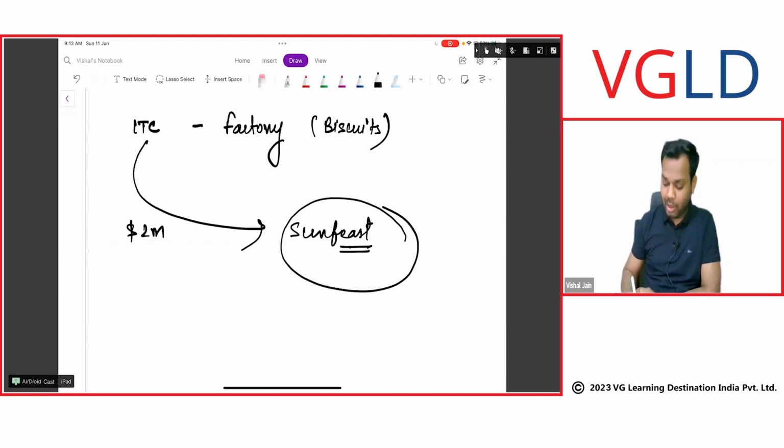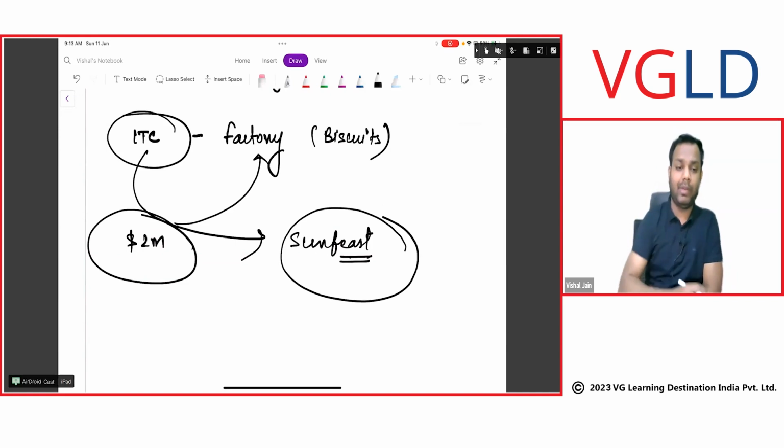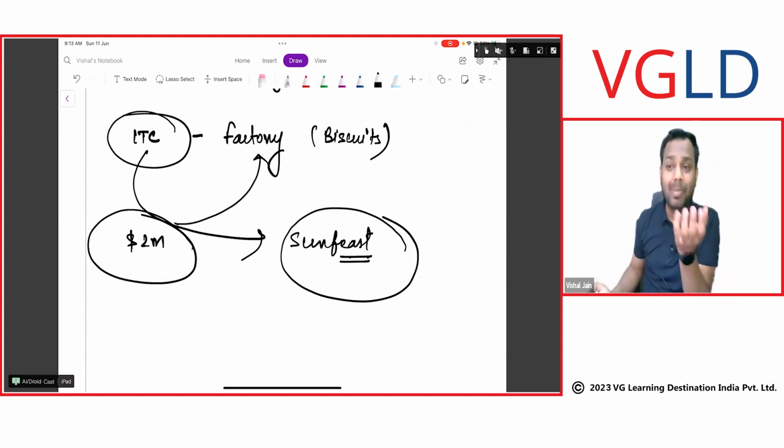Now tell me, will ITC capitalize this 2 million with the factory costs? No. Reason why?